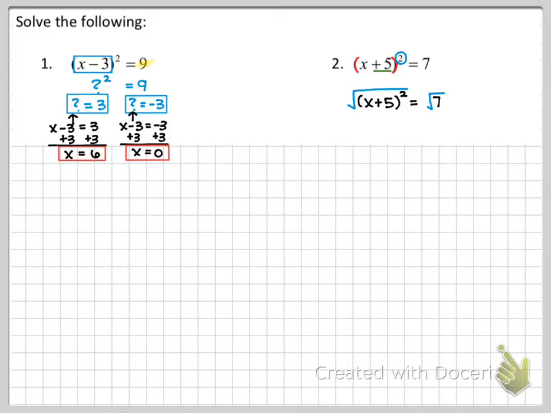However, I'm not quite done with the square root part just yet. It's important to note that when you square root a number, technically you get 2 answers: a positive answer and a negative answer. Let me do a little side work here. If I have a 4, super basic, and I square root that 4, technically you get a positive 2, but you also get a negative 2.